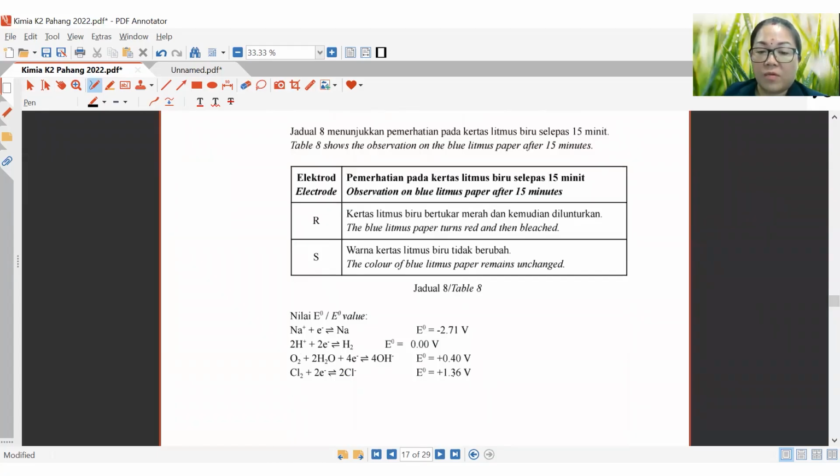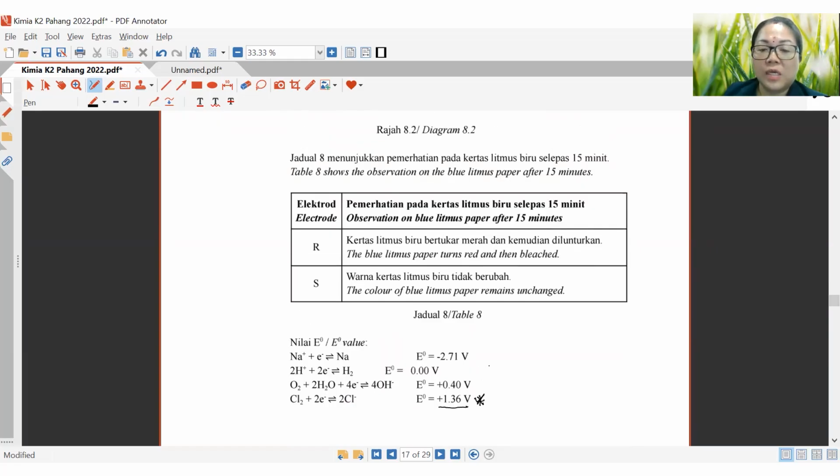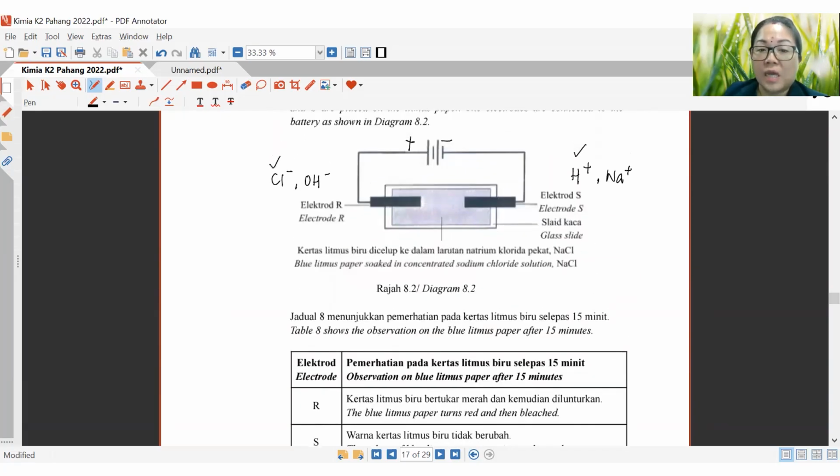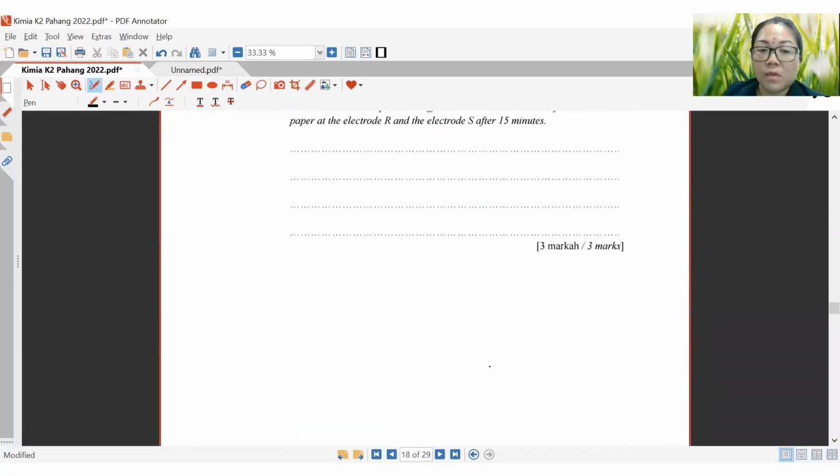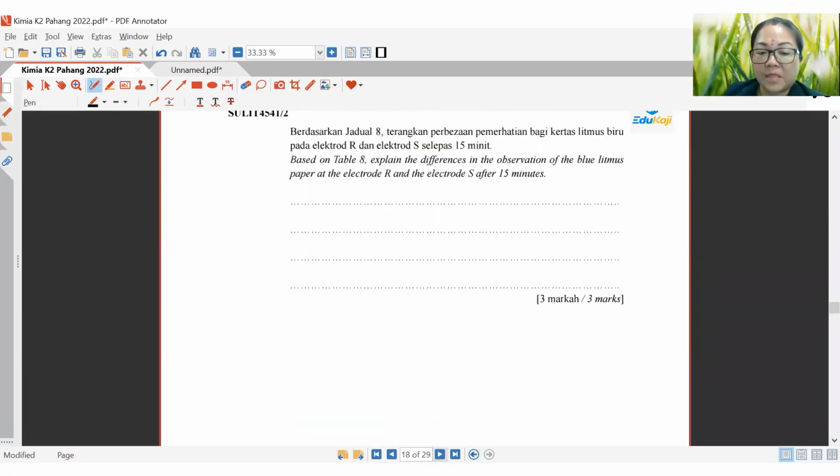You see, the one more positive will be the one that actually discharges. It will be discharged at the anode. So how do you explain based on the differences? So hydrogen gas will be produced in electrode S.